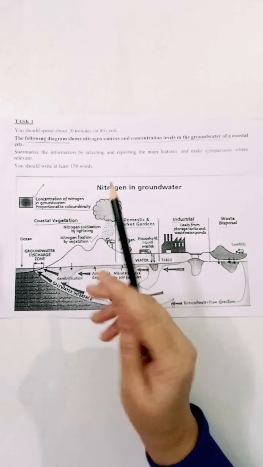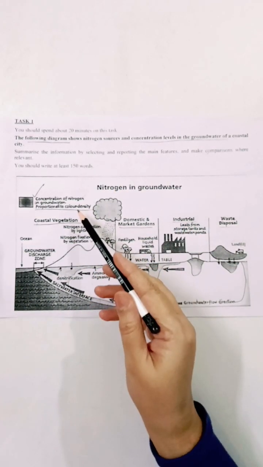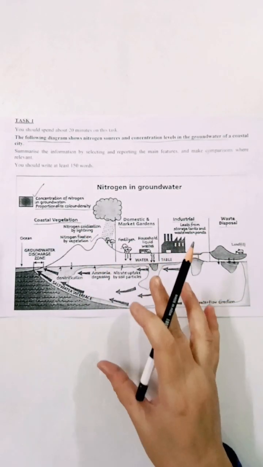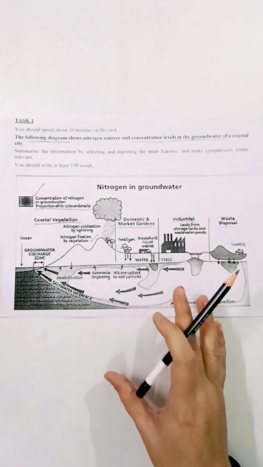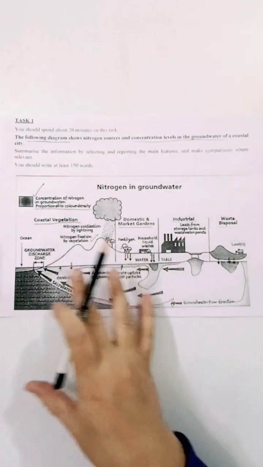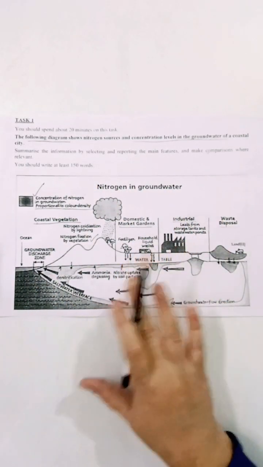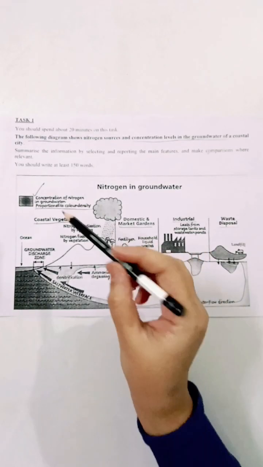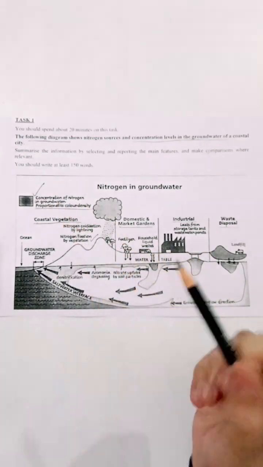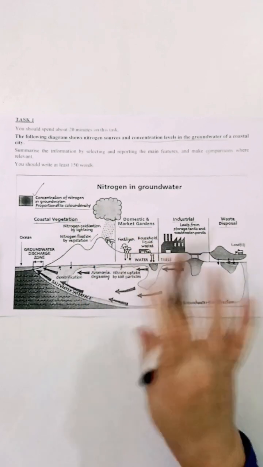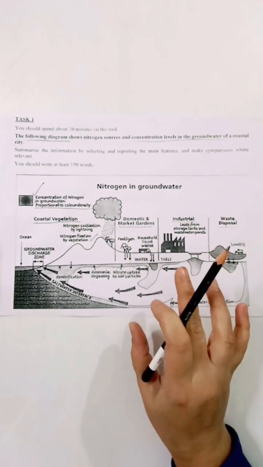Color density. We are not bothered about what this is. Okay, we are just forming our overview in the best possible manner, covering the facts which are already there. We are not altering anything. So the concentration of nitrogen below the earth is directly proportional to color density. Okay, this is the first line.